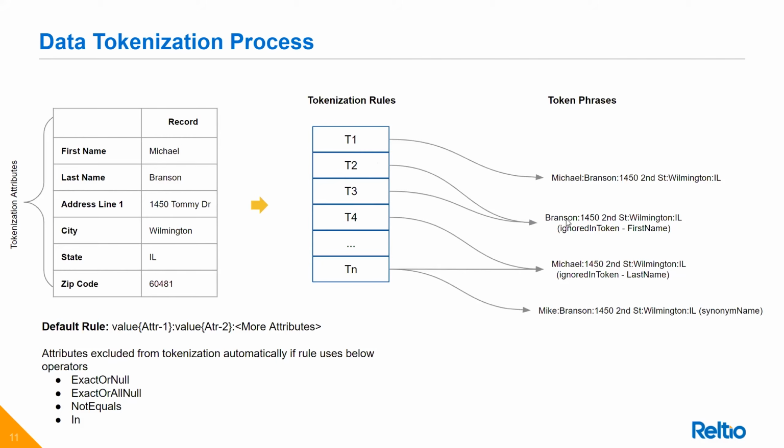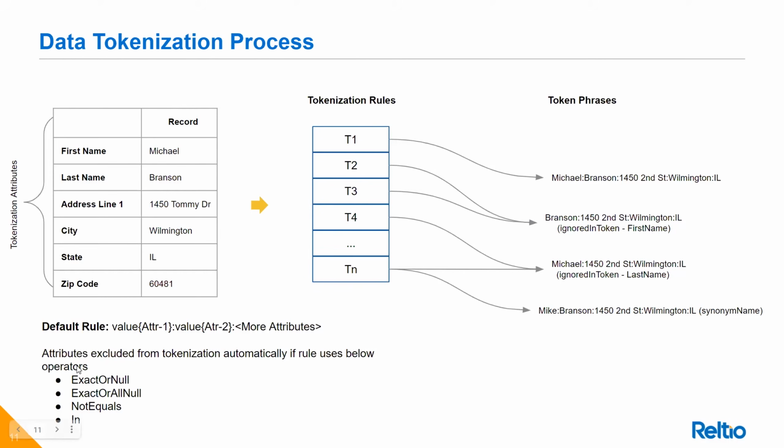So that's how you could have multiple rules generating the same token, or the same rule generating multiple tokens. This could happen if you are using some sort of fuzzy matching, right? This is a good example again: Michael and Mike, two tokens to facilitate matching with Michael or with Mike. So you can have multiple tokens from the same rule.